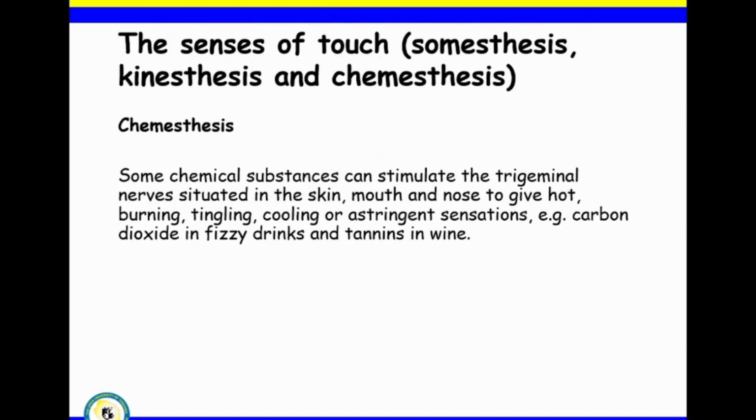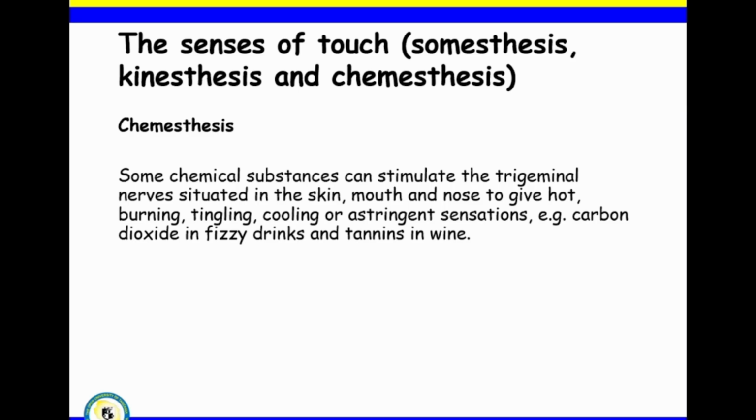And when you're talking about chemesthesis, it's the chemical substances. Some chemical substances can stimulate the trigeminal nerves situated in the skin, mouth, and nose to give the hot, burning, tingling, cooling, or astringent sensation. For example, when you are taking a fizzy drink like Coca-Cola, you can have that feeling of tingling or cooling.